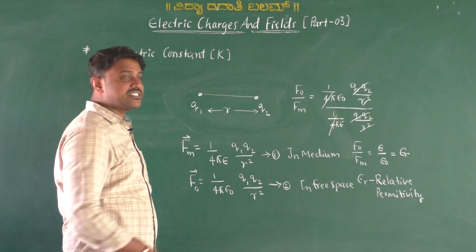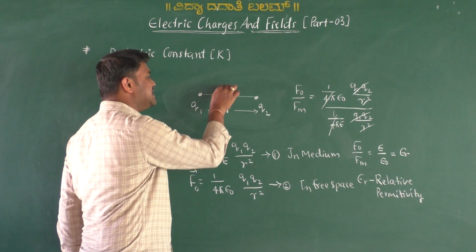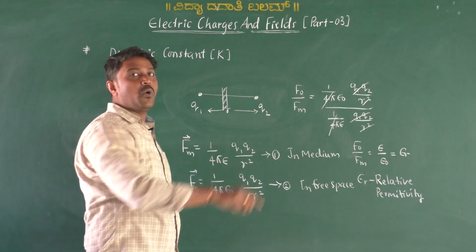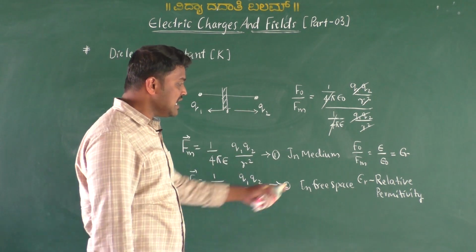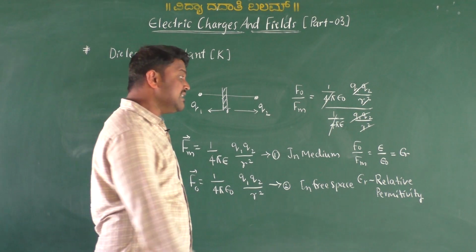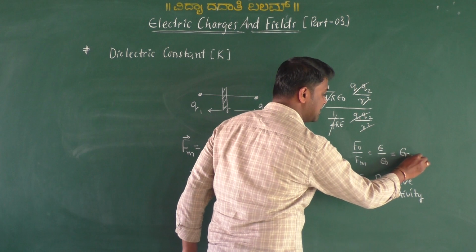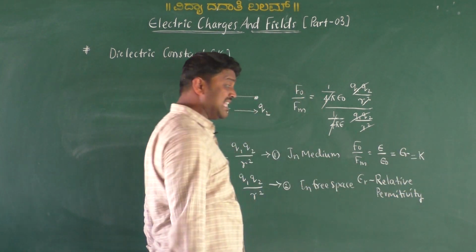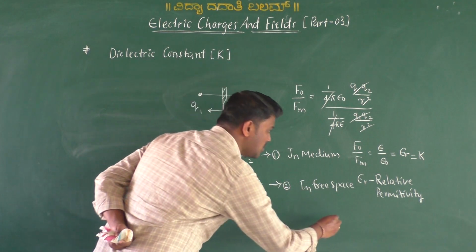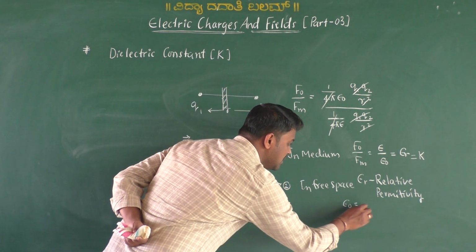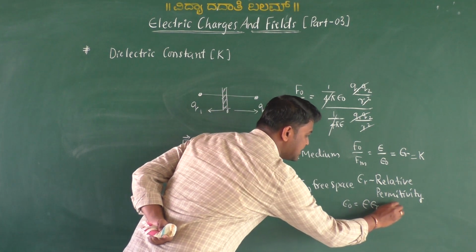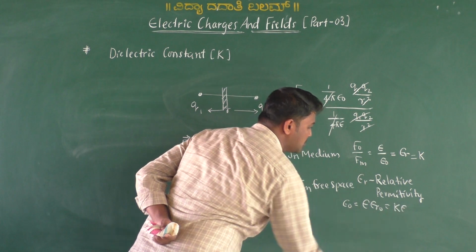Between the two charges, if you apply any medium, relative to that medium with respect to the original medium, that is what epsilon r is called, relative permittivity. It is also written as k. So this equation can be rearranged as epsilon equals epsilon naught into epsilon r, or you can say k into epsilon naught.